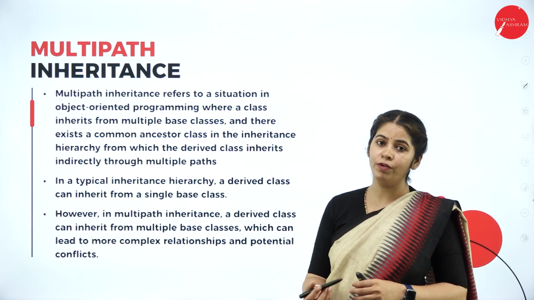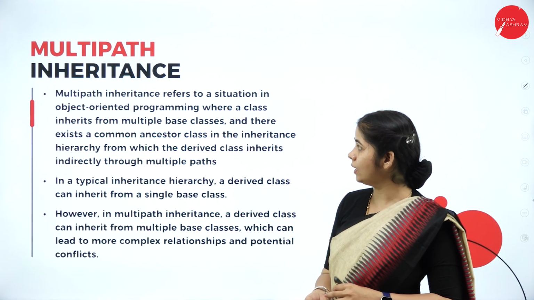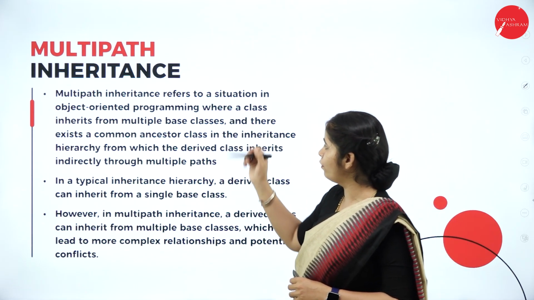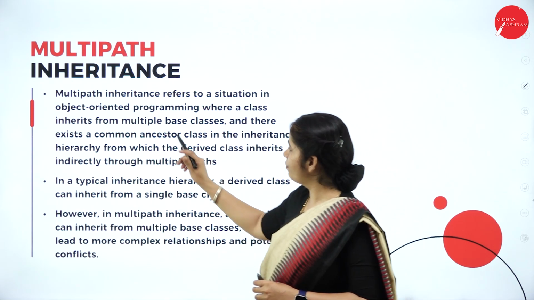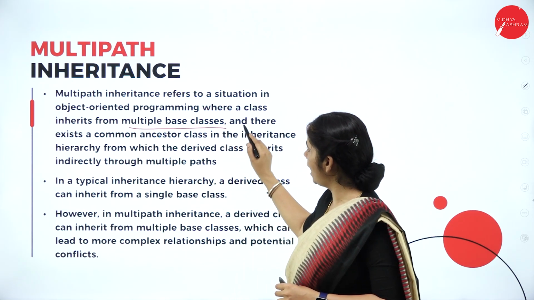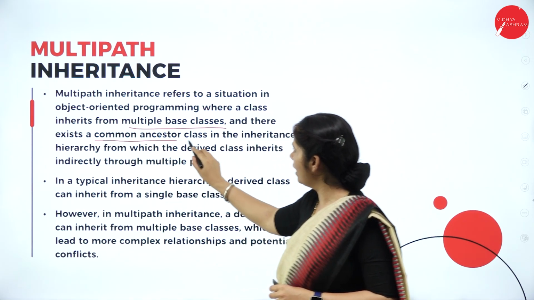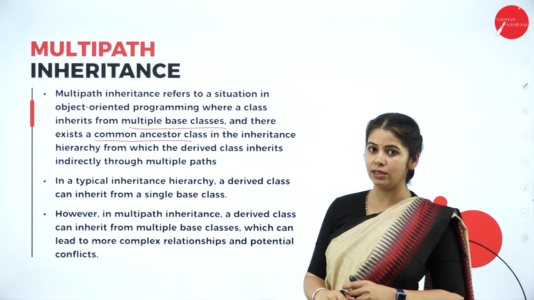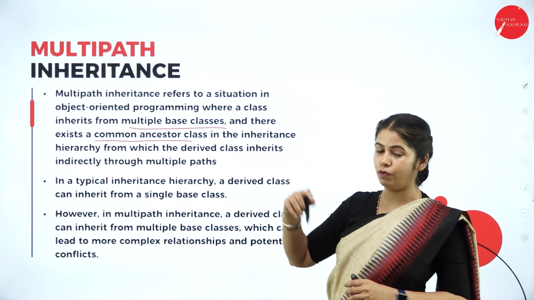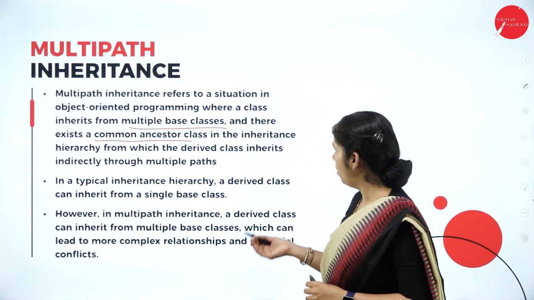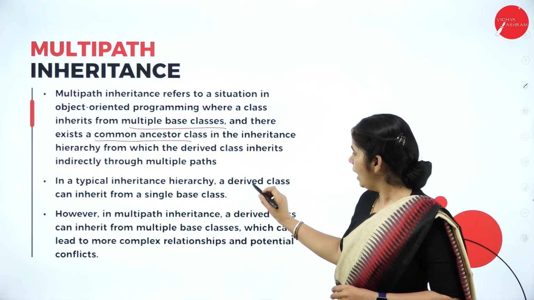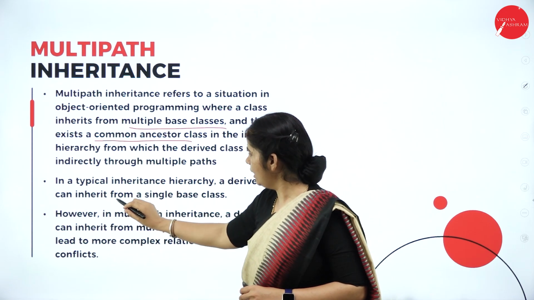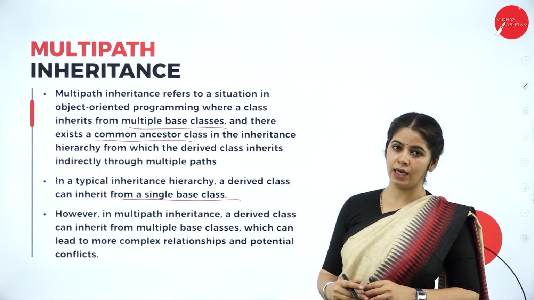Then one more type of inheritance is multipath inheritance. Multipath inheritance refers to the situation in object-oriented programming where a class is derived from multiple base classes and there exists a common ancestor to those classes. In the typical inheritance hierarchy, a derived class can inherit from a single base class.